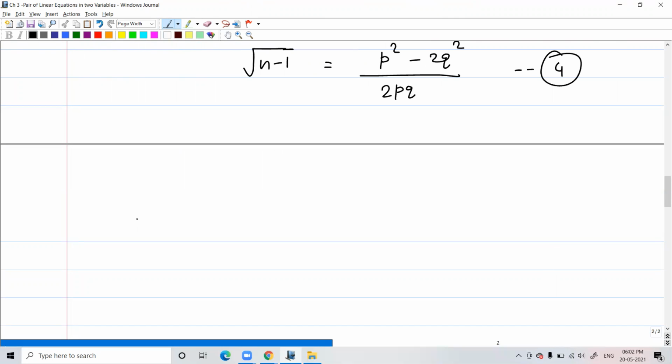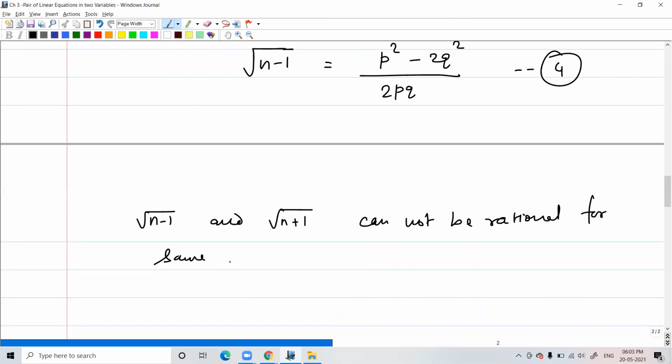Square root of n minus 1 and square root of n plus 1 cannot be rational for same value of n. That means at the same time they cannot be rational.